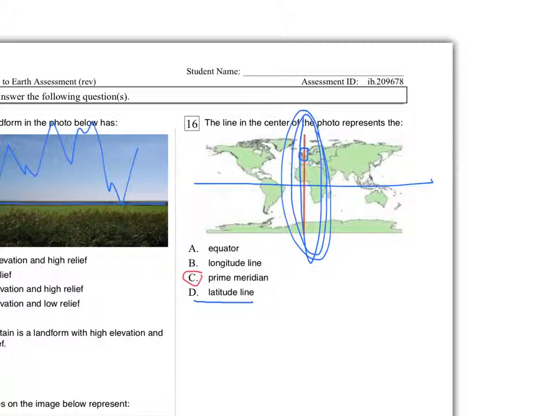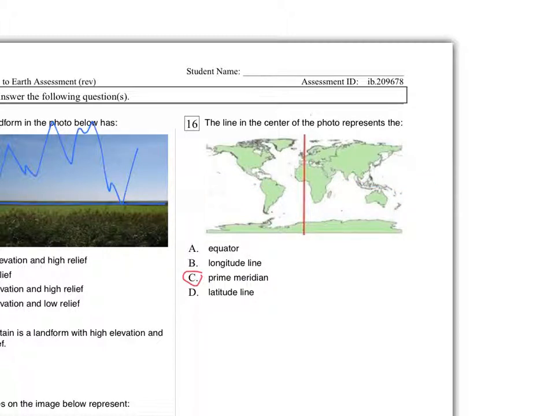Sorry, it's not a latitude line. It's not a latitude line, it's a longitude line. But even though it is a longitude line, more specifically, it is the prime meridian.